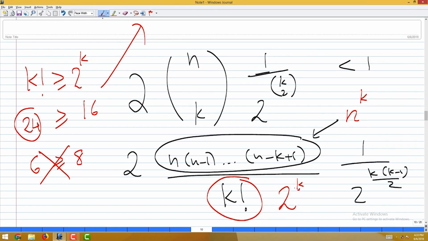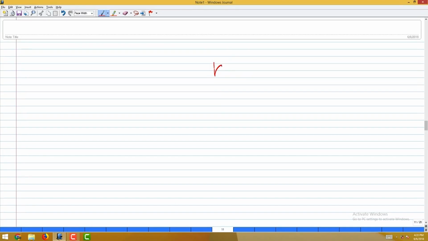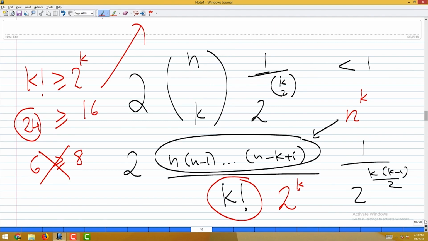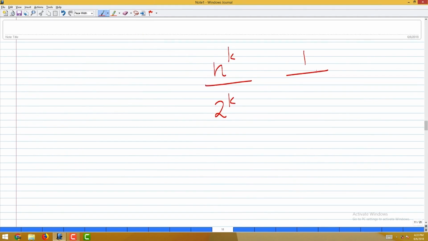Therefore I put 2 raised to k below, and then it will so happen that this will be n raised to k divided by 2 raised to k, and 1 by 2 raised to k into k minus 1 by 2 here.